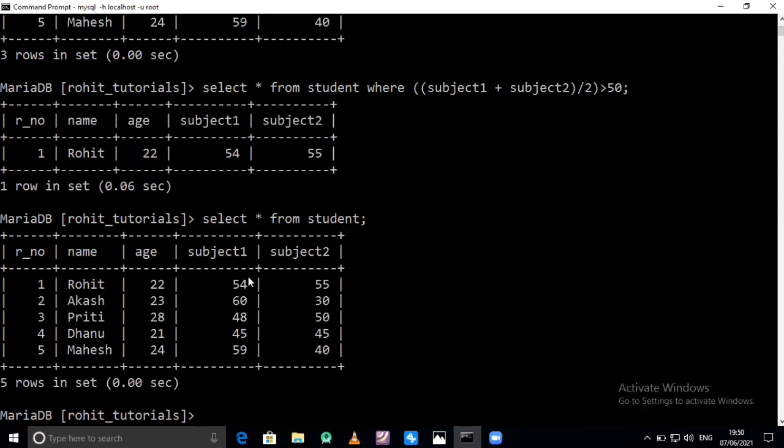Suppose subject 1 marks is 54 and subject 2 marks is 55. So 54 modulus 55, we are getting the value 54, which is considered as a remainder.